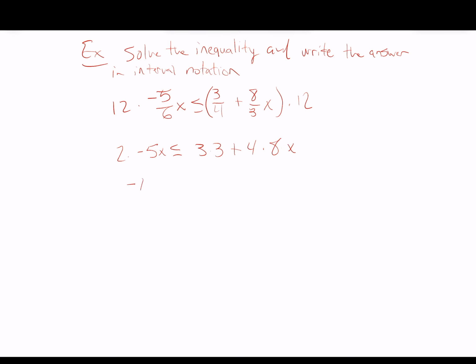Okay, so we have negative 10x is less than or equal to 3 times 3 is 9, plus 8 times 4 is 32x. Okay, we can subtract 32x from both sides. So we're left with negative 42x is less than or equal to 9. We divide both sides by negative 42.